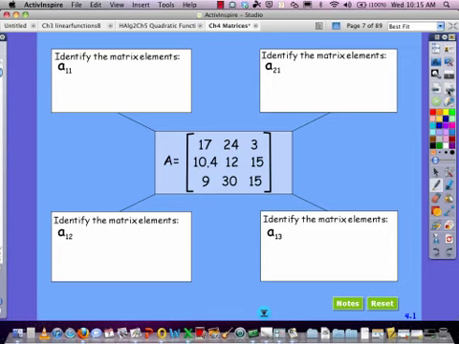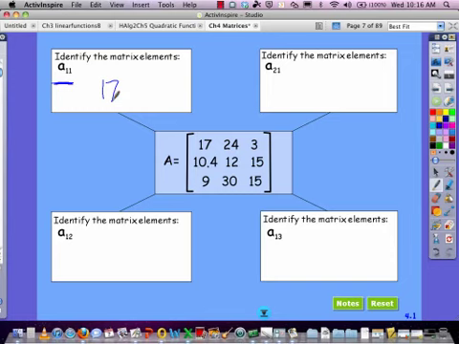So if we now look at this one matrix called A, and we want these different combinations, so start looking at what elements would go where, and we'll do a quick test to see if you're accurate. So if we want to identify the matrix element A sub 1, 1, you better be looking at first row, first column. That element would be 17.